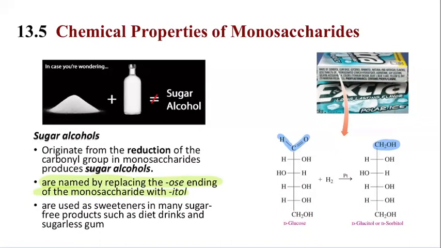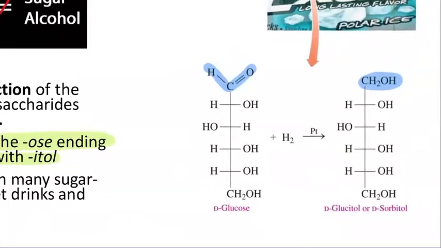So for example, here we have glucose, okay? If you remove the OSE and you place ITOL, that gives us the name of glucitol.